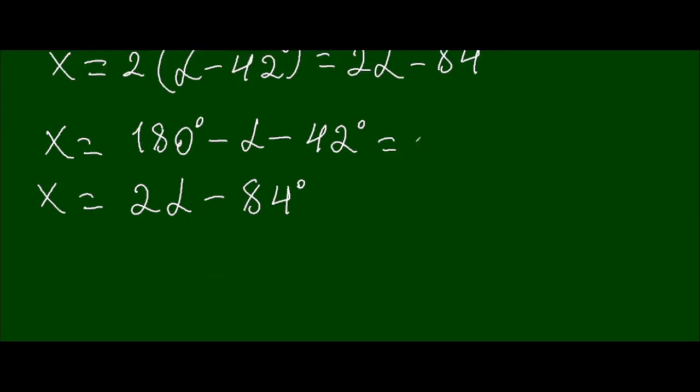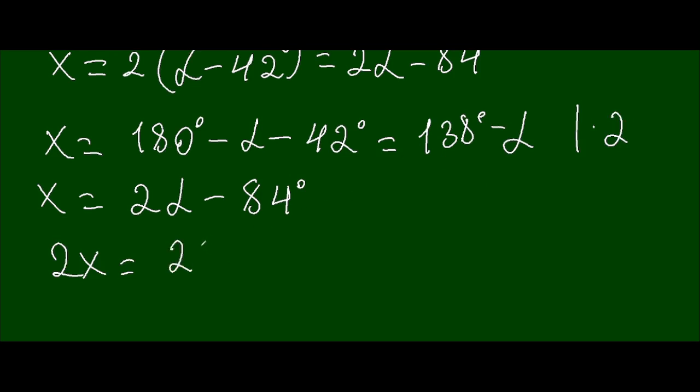And we can factorize it, simplify, and we'll get 138 degrees minus alpha. And if we multiply both sides by 2, we'll get that 2x will be equal to 276 degrees minus 2 alpha.